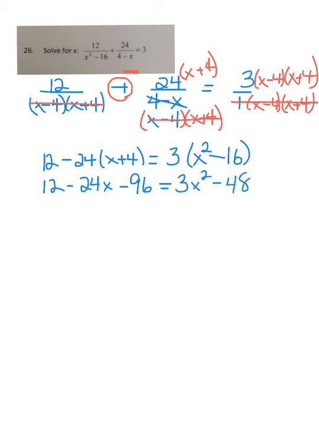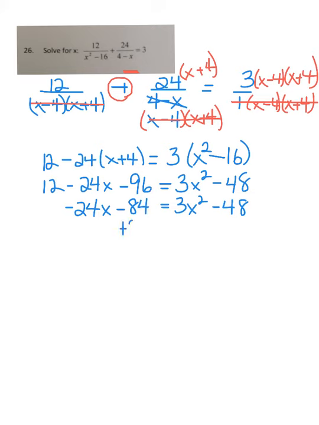So how about we consolidate a little bit here? So on the left-hand side, I have negative 24x, and then I have minus 84 equals 3x squared minus 48. Okay, so I have a quadratic. I'd like to get everything to one side and set it equal to 0.